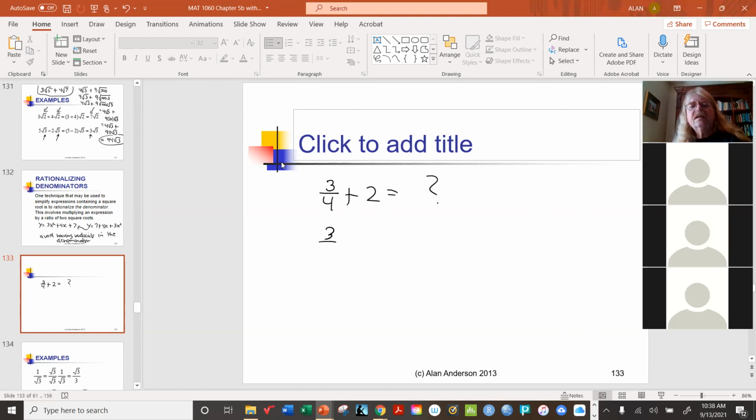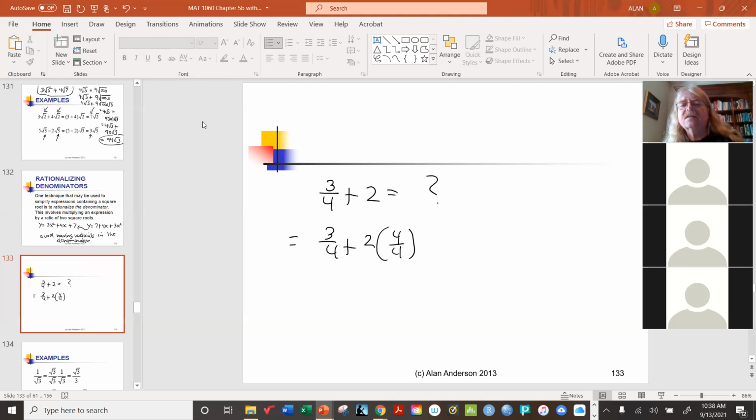How do I do that? What I'm going to do is multiply 2 by 4/4. Now, why am I doing that? Well, first of all, it will get me a common denominator. And secondly, am I allowed to do this? Yes, because 4/4 is just 1. I can multiply any number by 1 without affecting its value. So what that will leave me with is 3/4 plus 8/4. And that's going to leave me with 11/4.